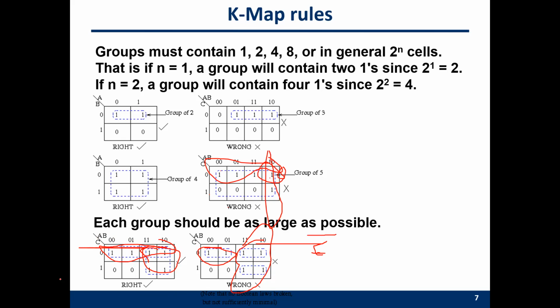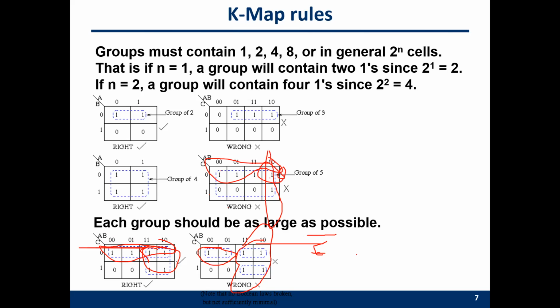Why? Because for all the 4 boxes here, C is always 0. So we write a C bar here. And we have all the possibilities of A and B: 0 0, 0 1, 1 1, 1 0. So we have all the possibilities of AB, so we do not have AB.